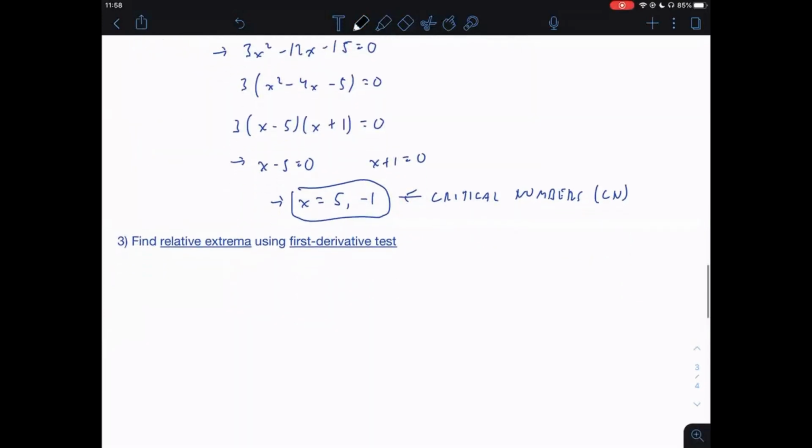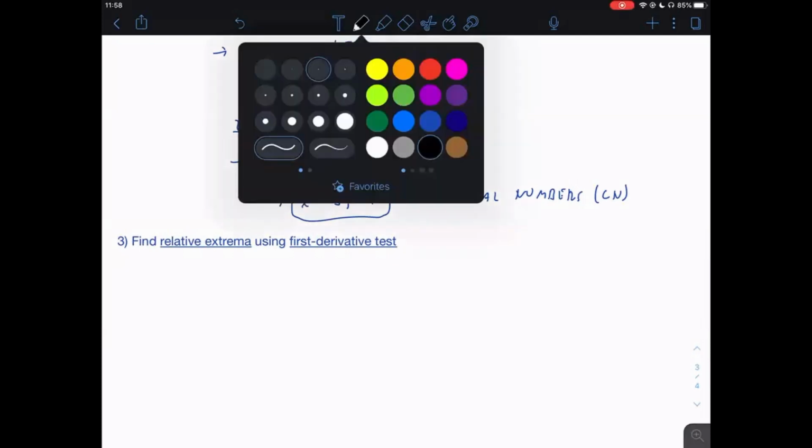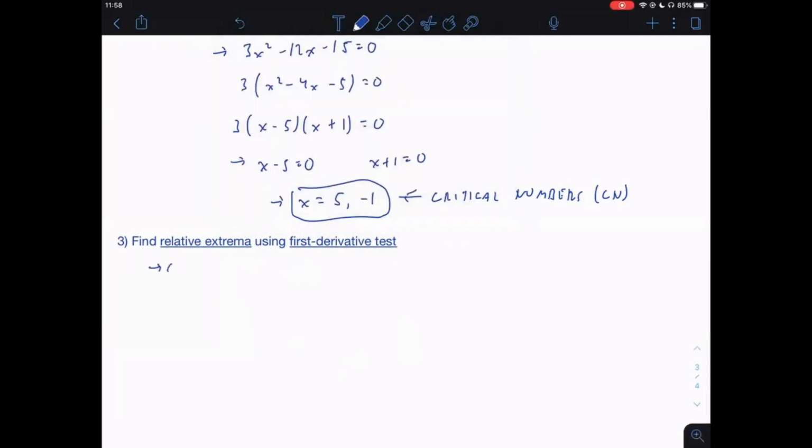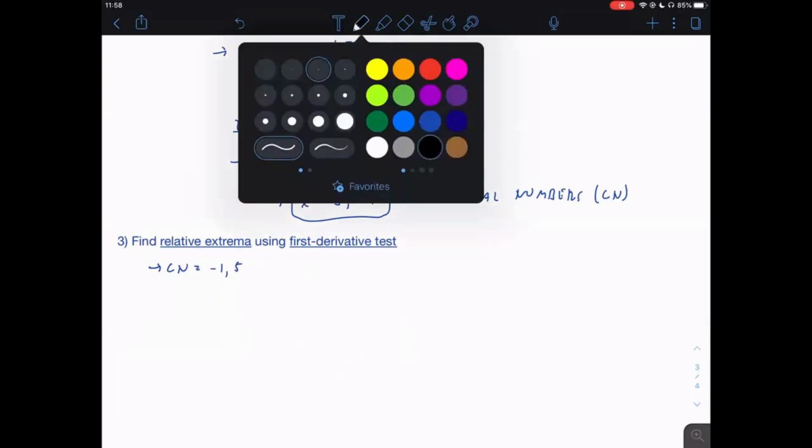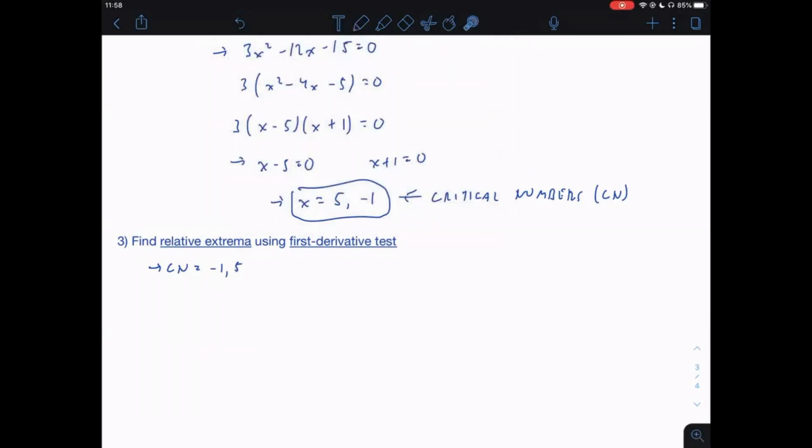First things first, let me rewrite our critical numbers. We found our critical numbers Cn to be -1 and 5. I'll put them in ascending order here. And to start the first derivative test, draw a number line.